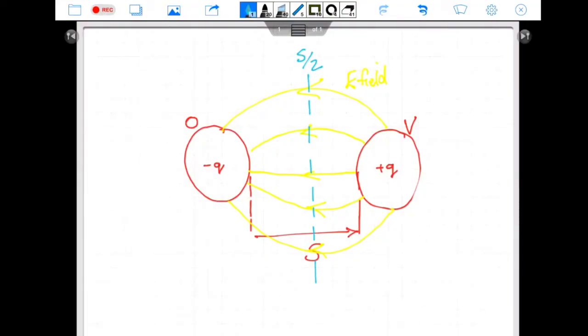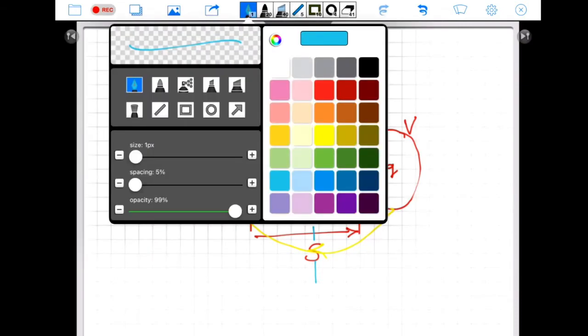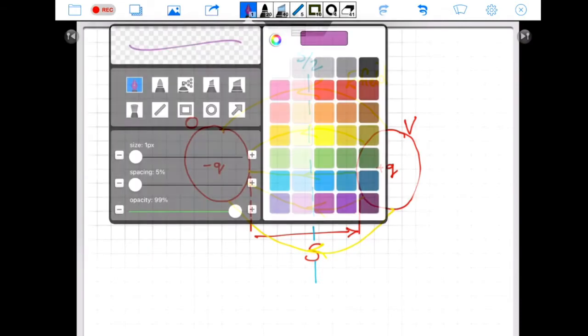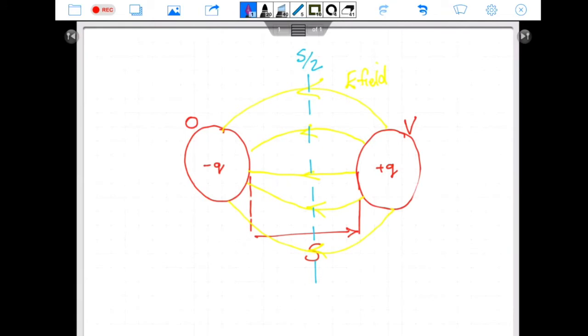Right, so hopefully a lot of you watched the electric field videos from those links. So what you can see here is the electric field is in the yellow line. It starts at the positive electrode with a positive charge and goes towards the negative electrode with the negative charge.